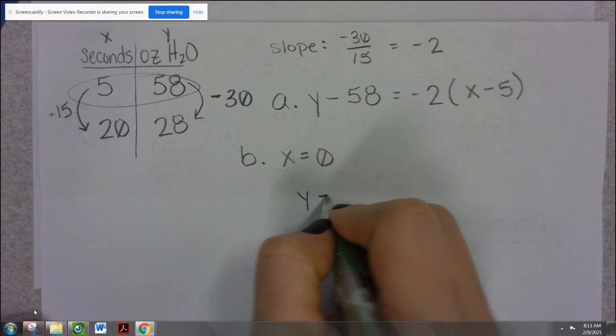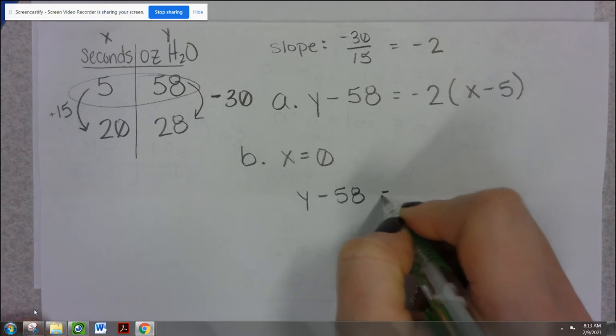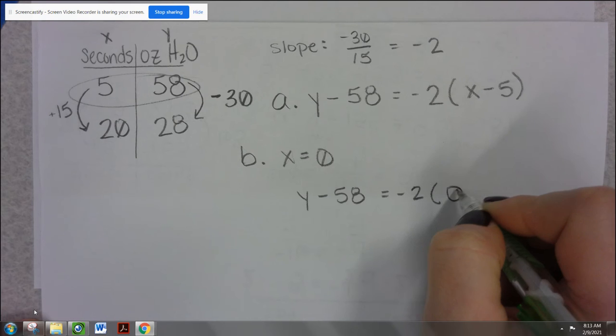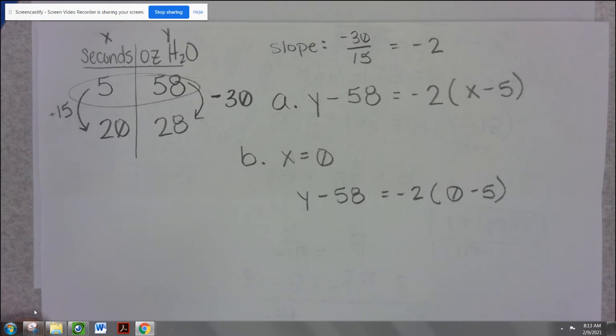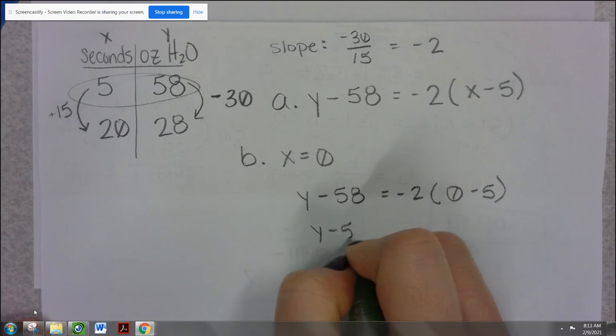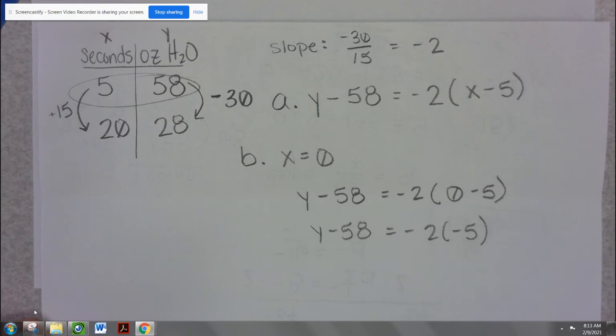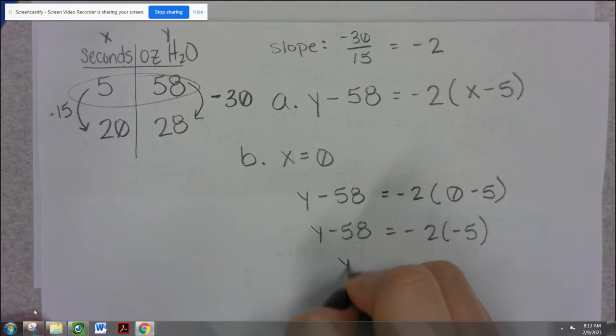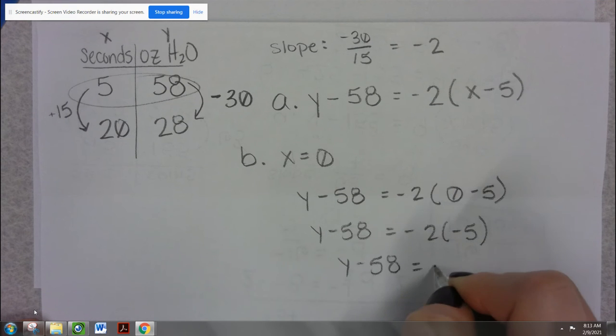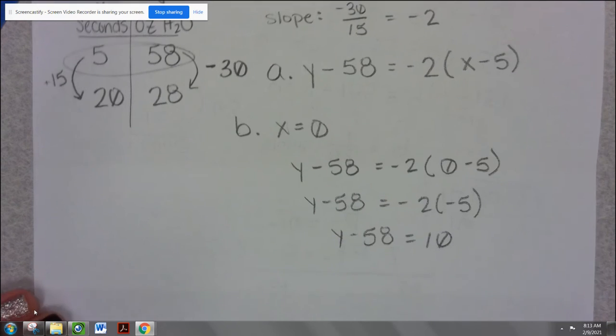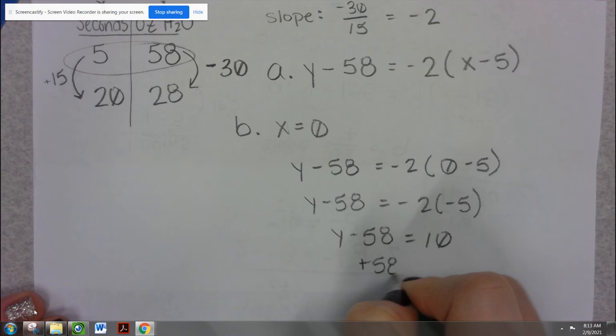So I'm going to have y minus 58 being equal to negative 2 times 0 minus 5. That means y minus 58 is negative 2 times negative 5. Y minus 58 is positive 10. And then I'm going to add 58 to both sides.